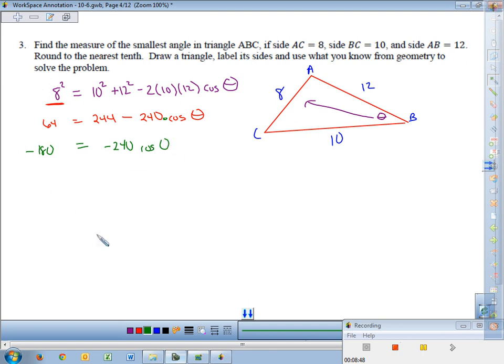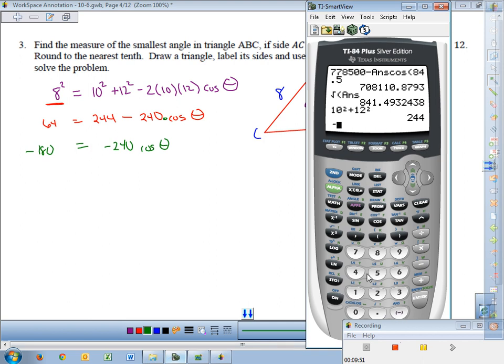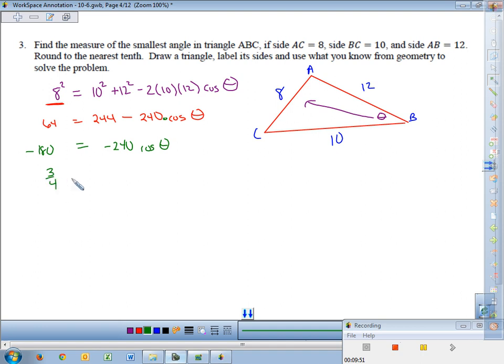And now I'll divide both sides by negative 240, so negative 180 divided by negative 240, decimal, math interim, or realize that that's 3/4 equals the cosine of theta. And now you do the inverse cosine. So theta equals the inverse cosine of 3/4.